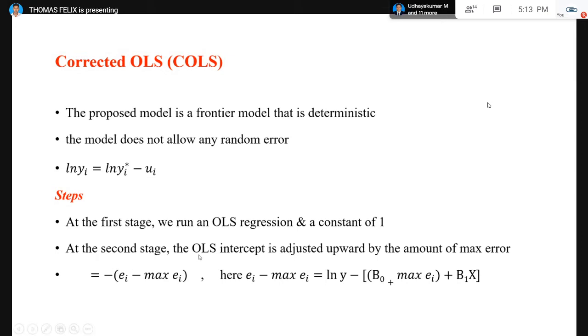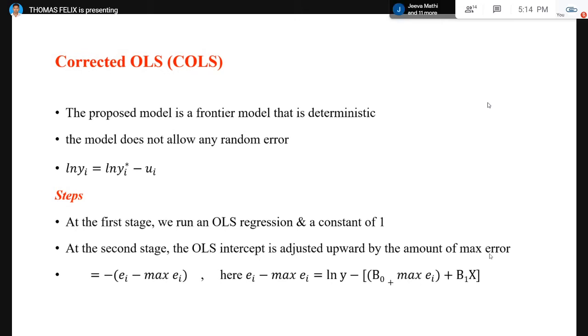At the second stage, the OLS intercept is adjusted upward by the amount of the maximum error. After running OLS regression, we predict the error values, select the maximum error among them, and adjust the intercept value with the maximum error. Then only can we calculate the technical efficiency.